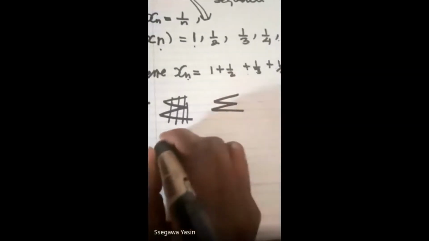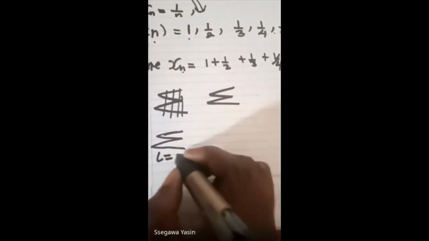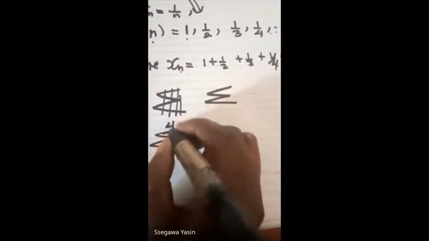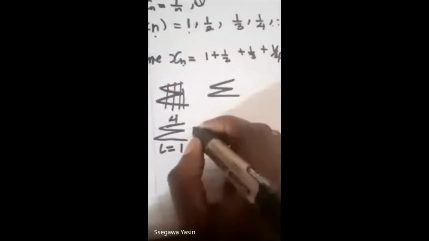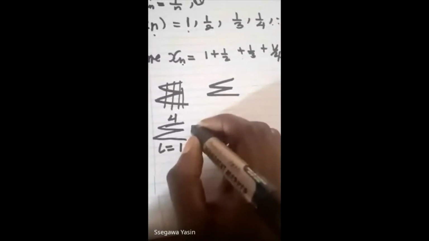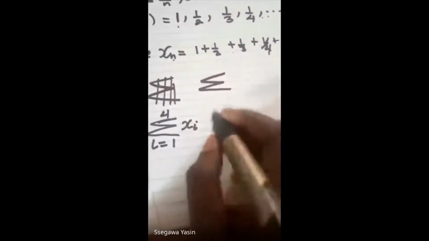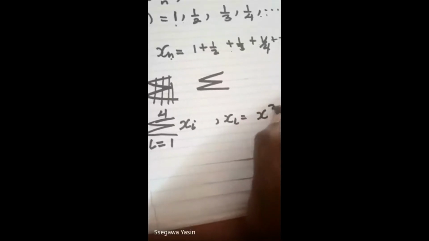If I write something like this, then I say that I have my i moving from i equals 1, maybe to 4. This is what it means. Of a certain sequence xi, of which my sequence can be xi equals, maybe, x squared.